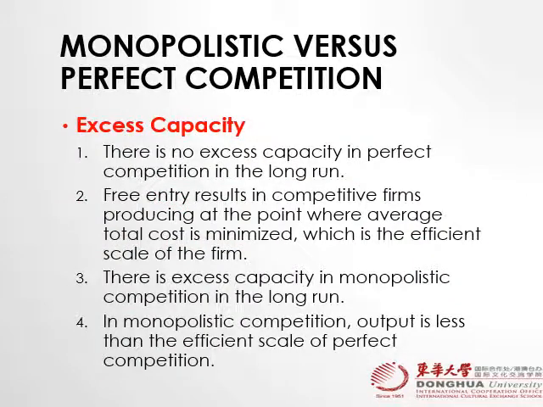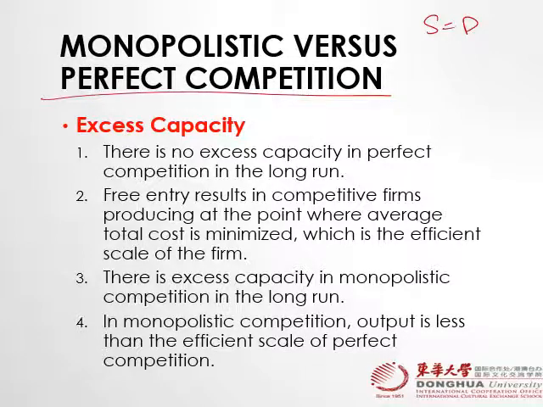excess capacity. There is no excess capacity in perfect competition. Why? Because a perfectly competitive firm is producing at the socially optimum level, which means supply is equal to demand, right?